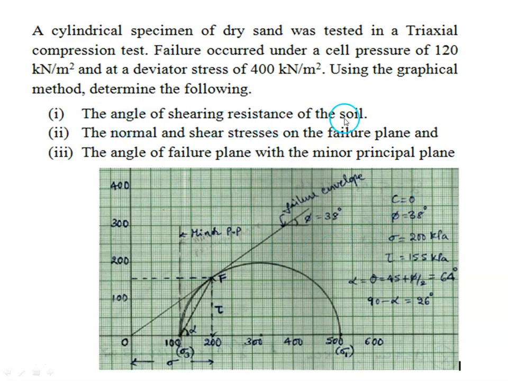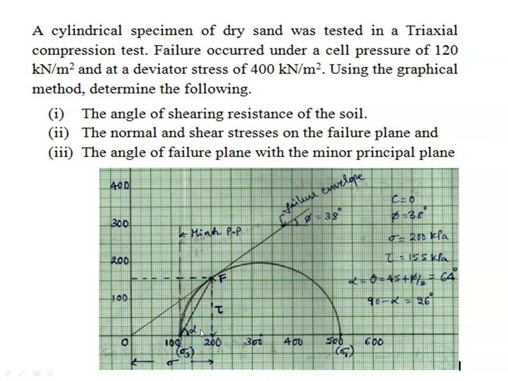Then the second point is the normal and shear stresses on the failure plane. So what is the failure plane? When we join the end point of the Mohr circle to the failure point, we can find the failure plane. This AF represents the failure plane. The angle made by the failure plane with horizontal will give you the value of alpha.